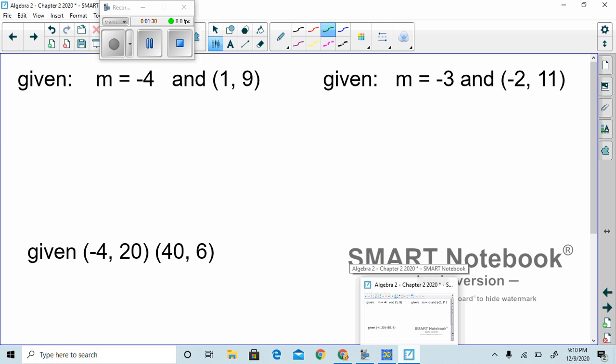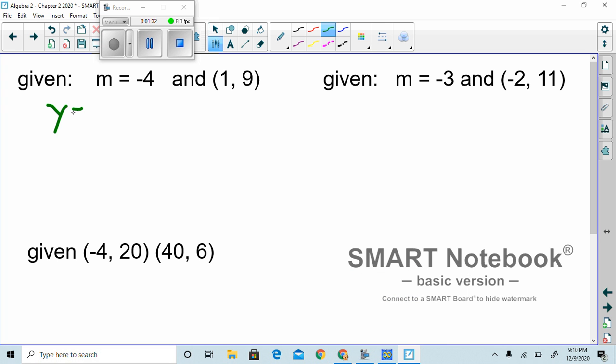So if we start with our model, y is equal to mx plus b, and we know that this is my x and my y coordinate, let's replace them because we need to find the value of b. 9 is equal to -4 times 1 plus b. All we did was replace the m, the x, and the y.